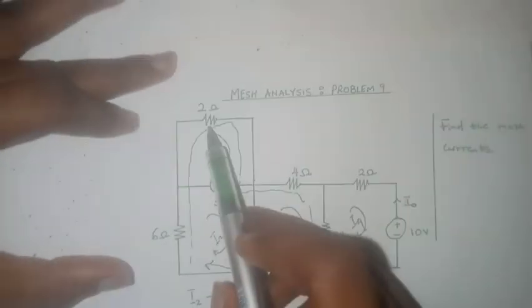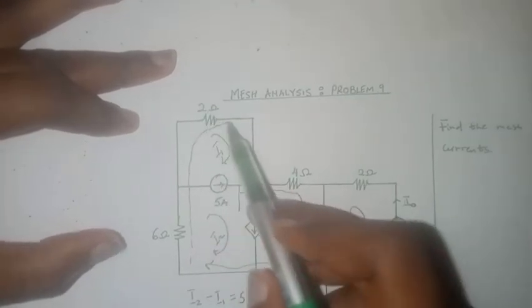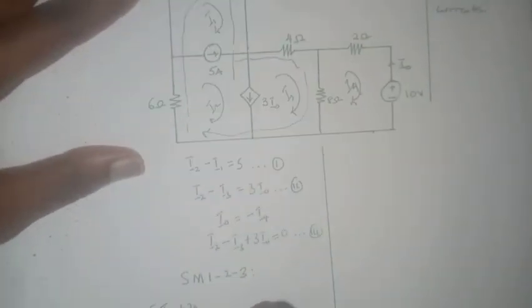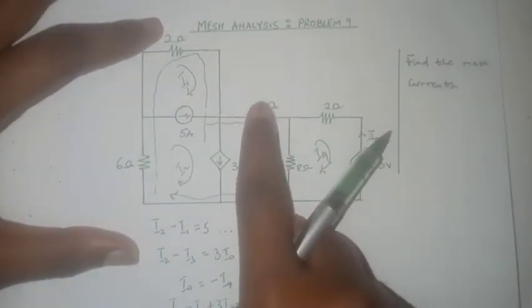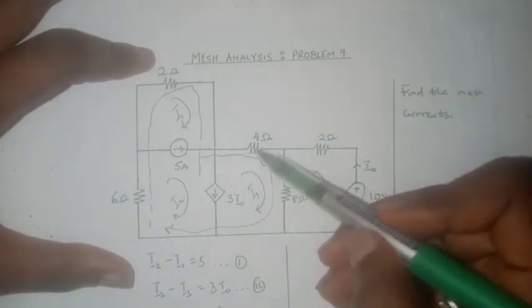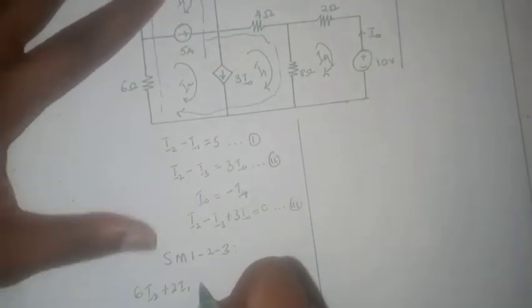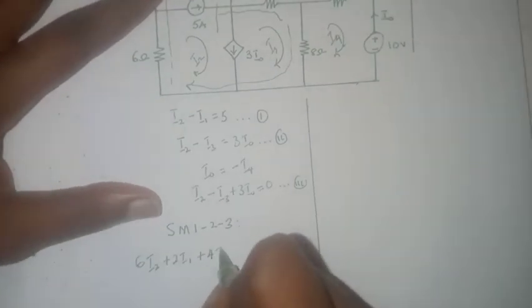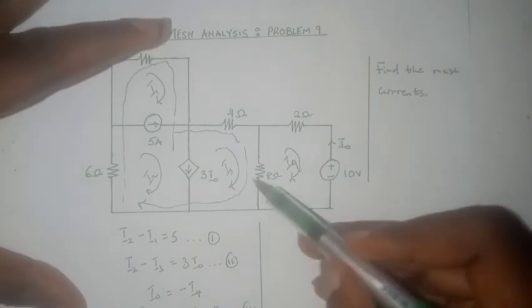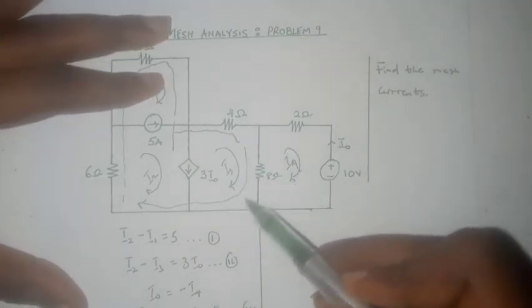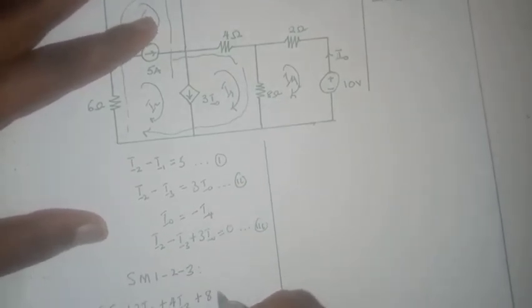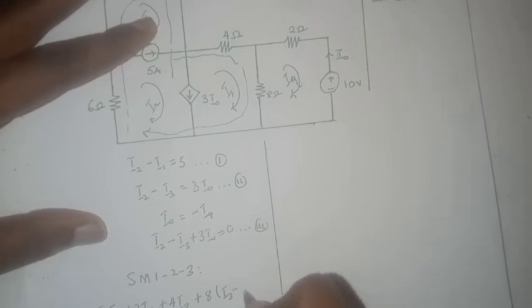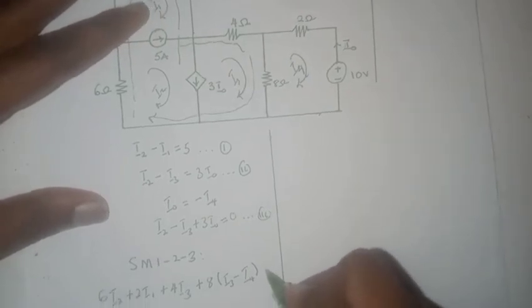Then we come here and would have I1 flowing through this resistor, so that would be plus 2I1. We come here and would have I3 flowing through this 4 ohm resistor, so that would be plus 4I3. We come here and would have I3 minus I4 flowing through this 8 ohm resistor, and that will be plus 8 into I3 minus I4. Then we equate it all to 0.